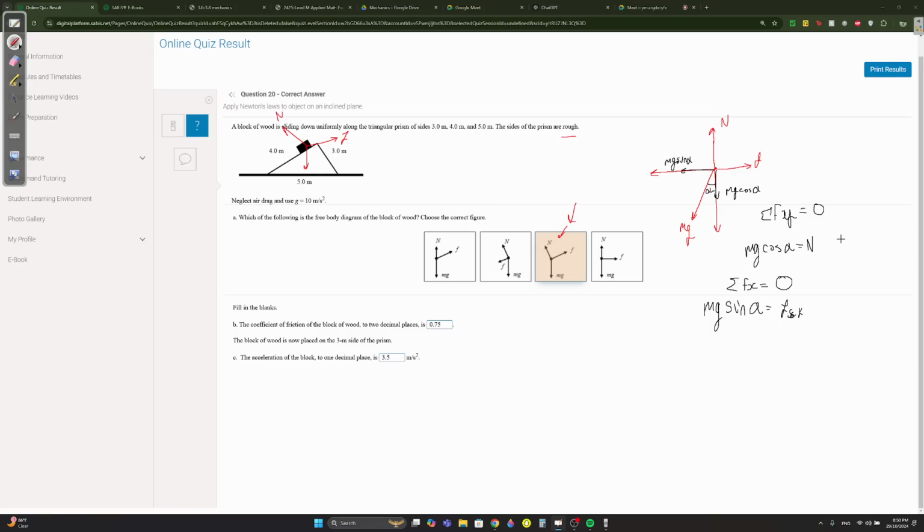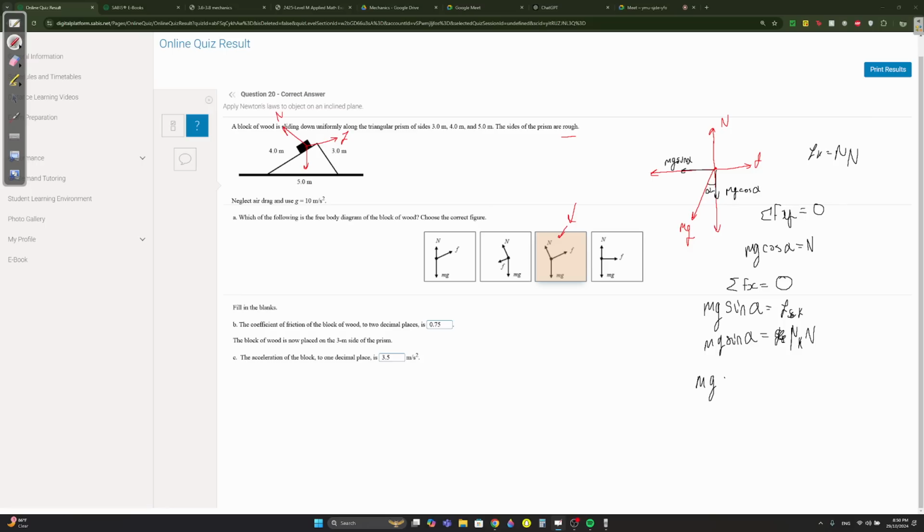Fk. What is Fk equal to? Fk is equal to mu n, right? So mg sine alpha is equal to mu k n, right? What is n? mg cosine alpha.